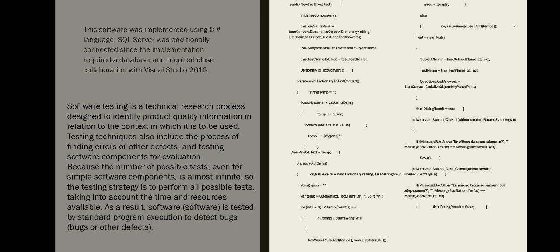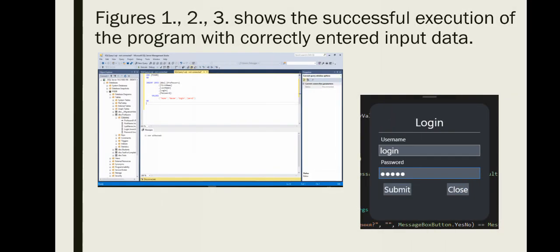Testing techniques also include the process of finding errors or other defects, and testing software components for evaluation. Because the number of possible tests, even for simple software components, is almost infinite, the testing strategy is to perform all possible tests taking into account the time and resources available. As a result, software is tested by standard program execution to detect bugs or other defects.